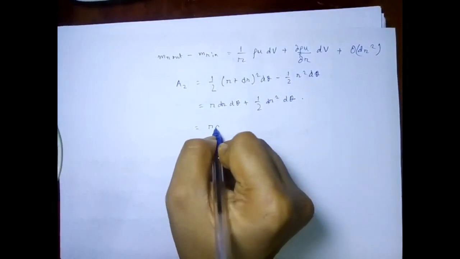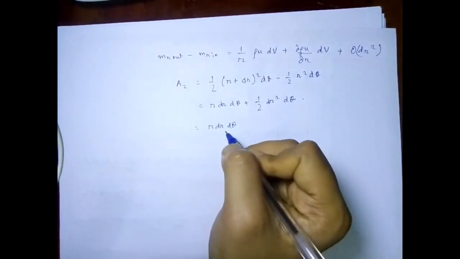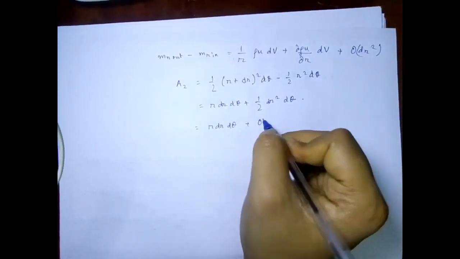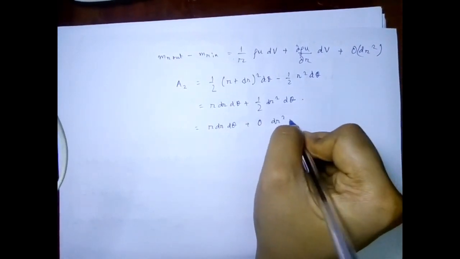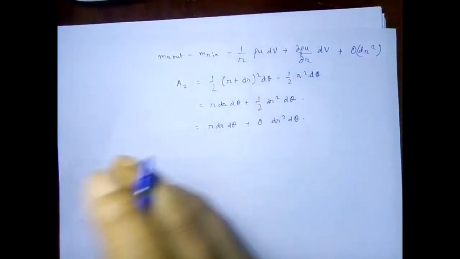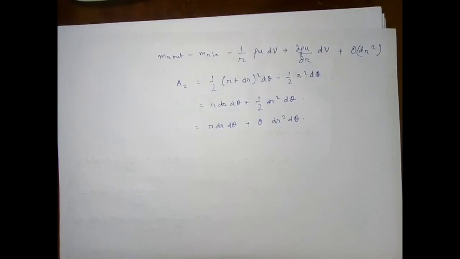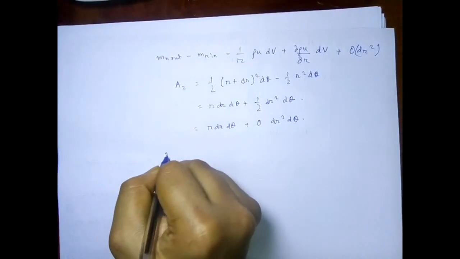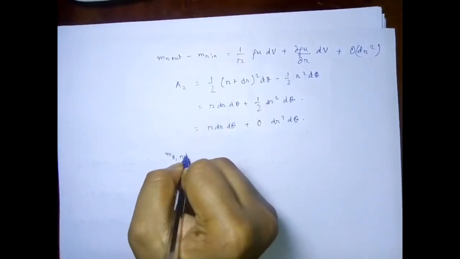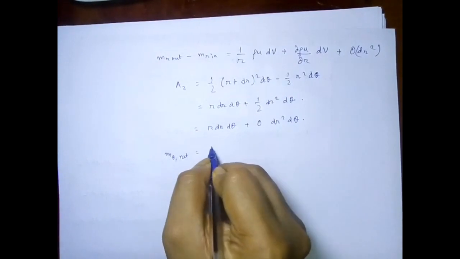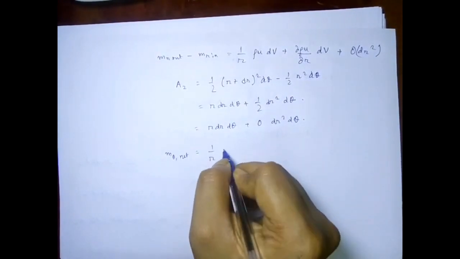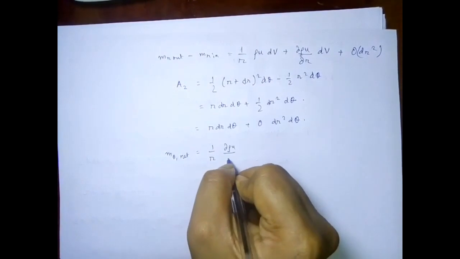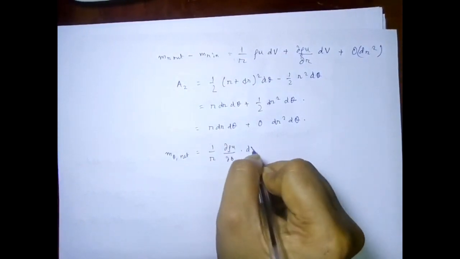So this is the area in the z direction. So the mass inflow and outflow faces are the same. Therefore the net flow in the theta direction will be equal to 1 upon r del rho u upon del theta times dv.